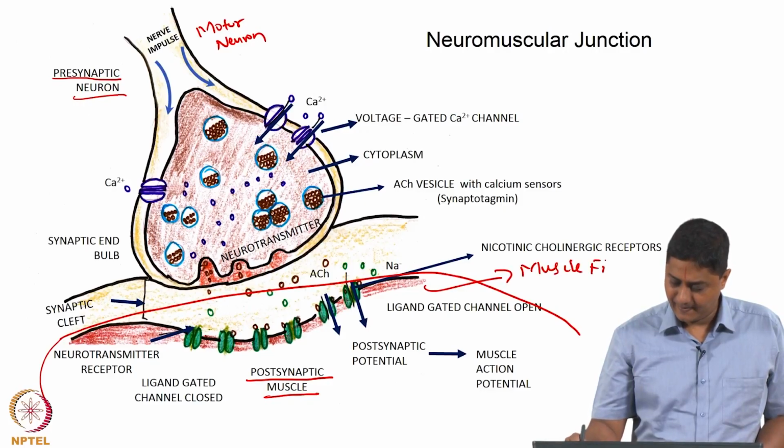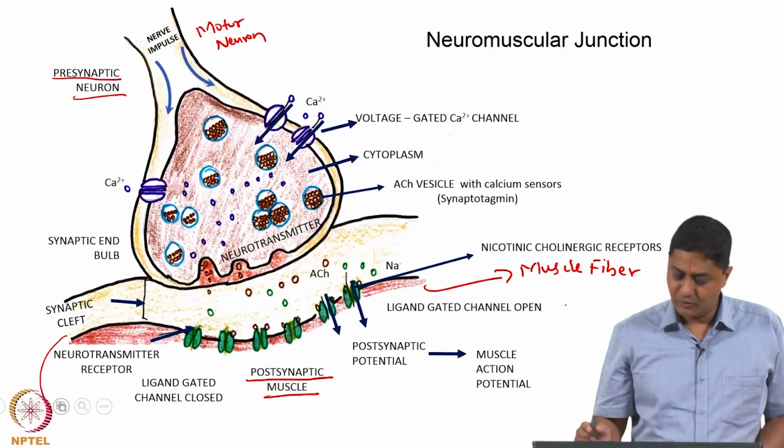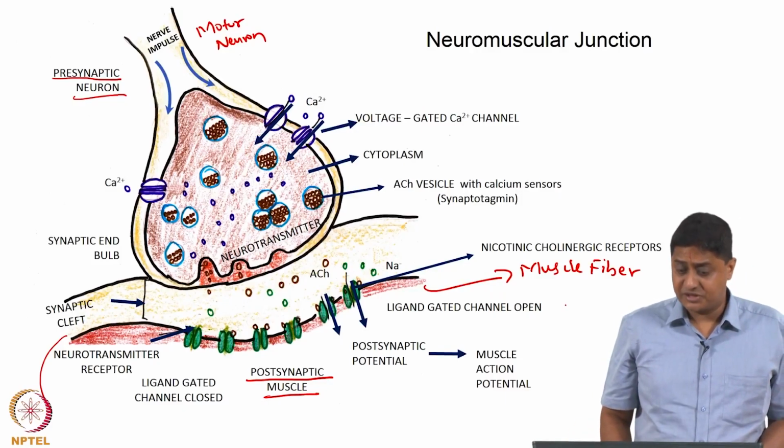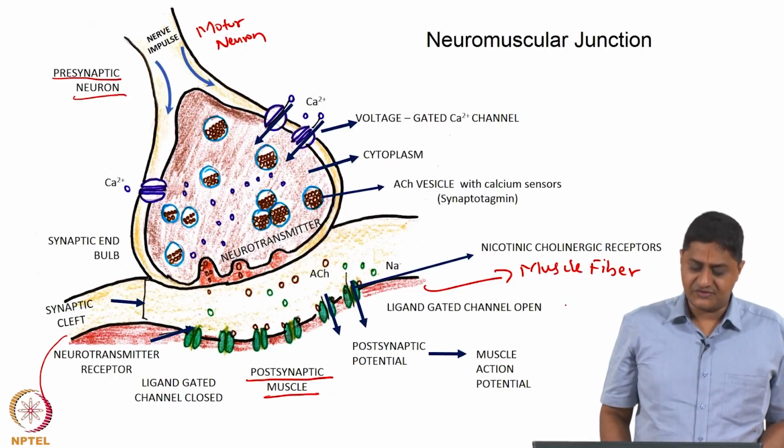Now, what causes an action potential in the muscle fiber? How is that conducted? That is of interest for us. What are the mechanisms? That is of interest for us, right?